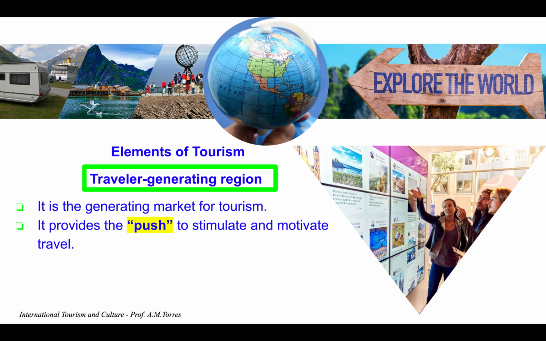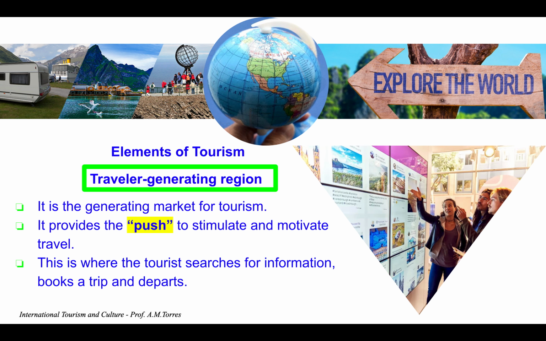Sometimes you don't want to go to a destination, or sometimes you don't have any idea where to go. But because maybe you have seen an advertisement about a seat sale in an aircraft, or probably you have seen a cheap package, those are motivators that push you to go to that particular destination.